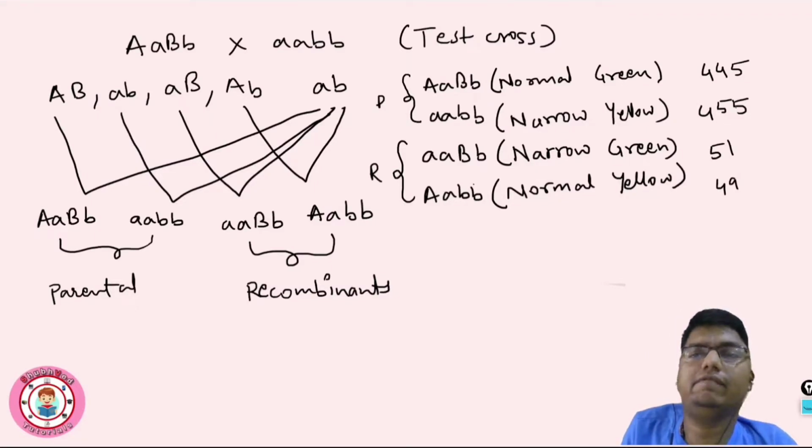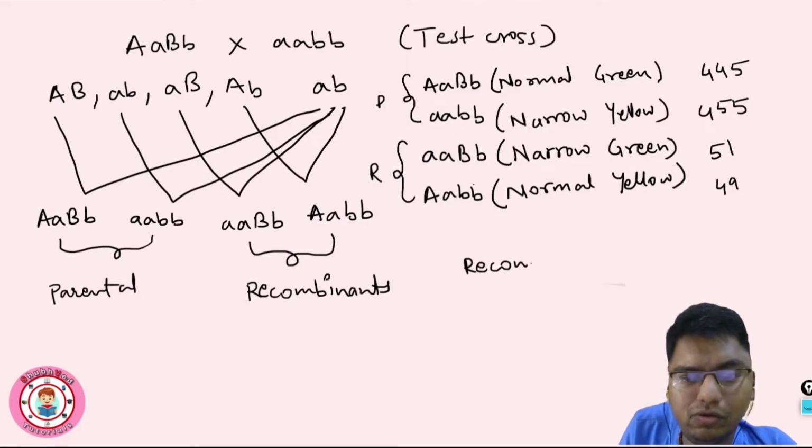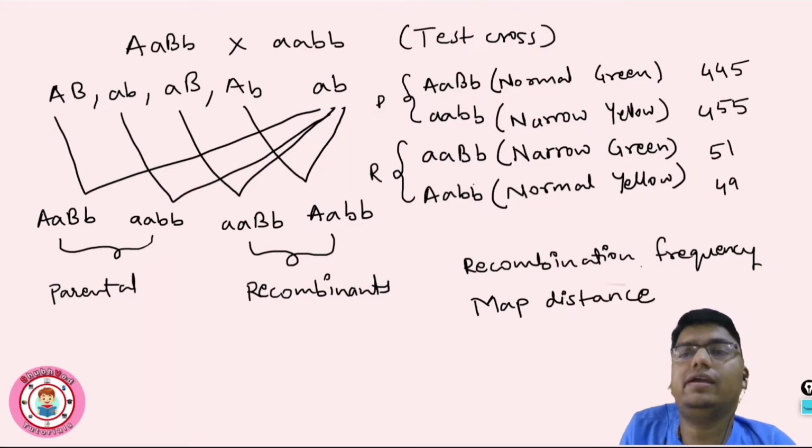So this is the data given, right, from a test cross. See, this is the same type of question we want to find. What we want to find here, recombination frequency we want to find, and we want to find map distance or gene distance, we can say distance between two genes, right?